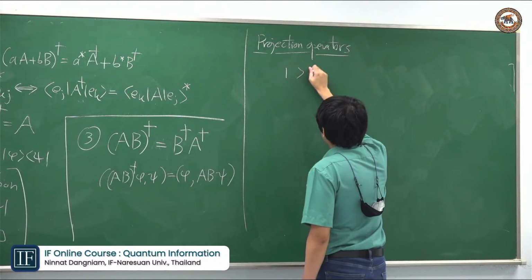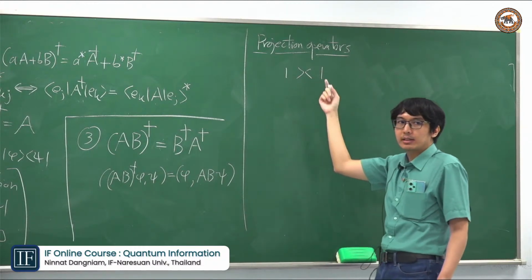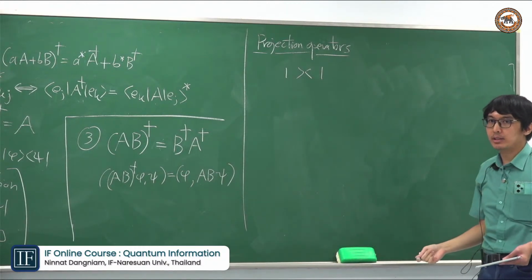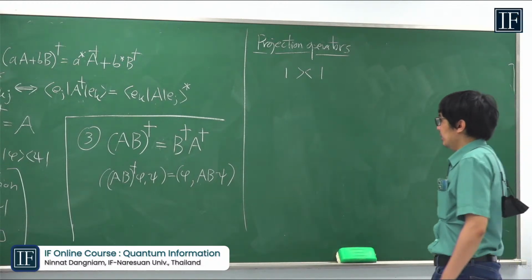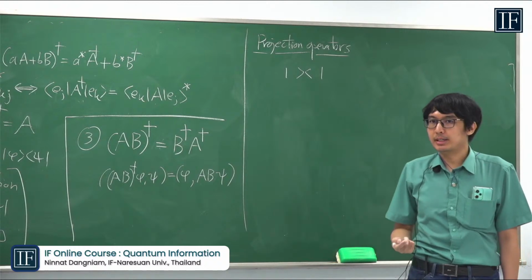So we already see that if I have an outer product of some vector, it is a projection operator onto that vector, right? So in other words, it's a projection onto a one-dimensional subspace.